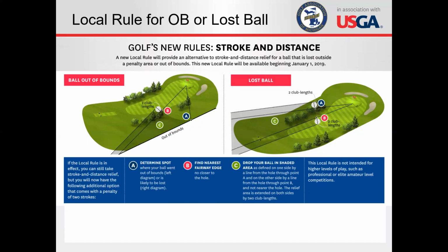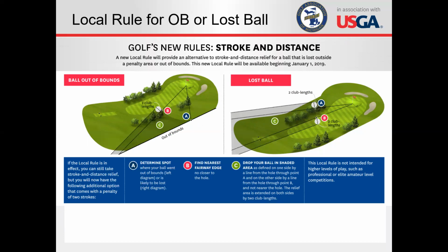Let's start with the out of bounds scenario, the one on the left. You find where you last crossed the margin of out of bounds, at point A there. Then you find the nearest fairway edge, that's point B, and take two club lengths from that point.